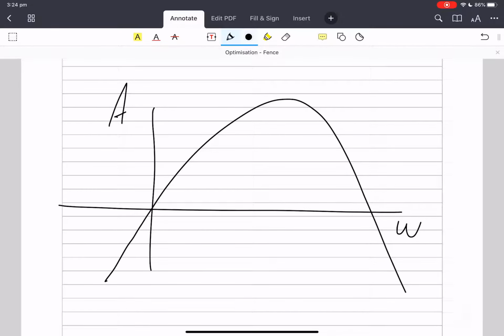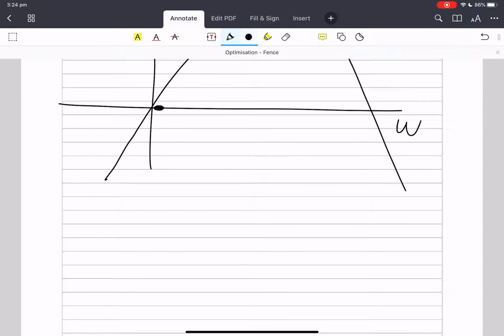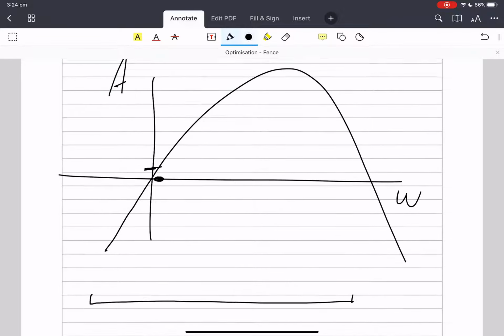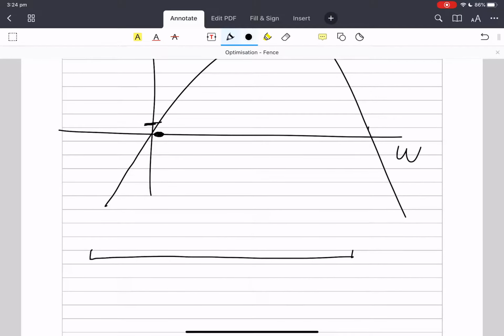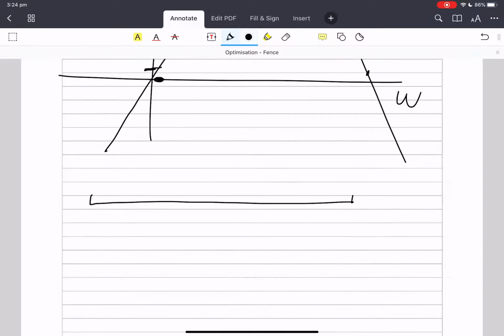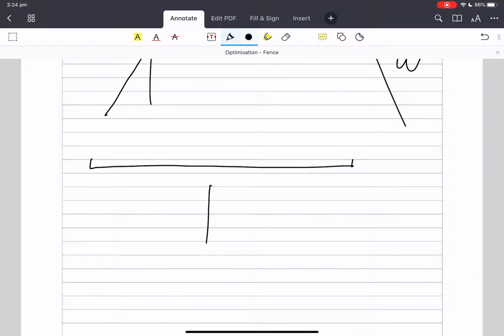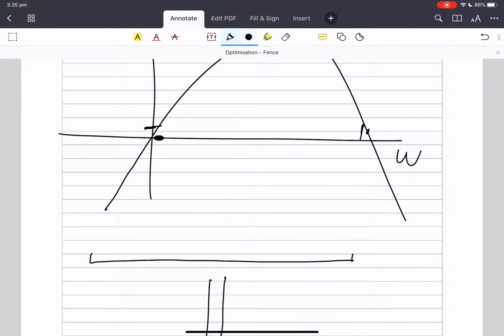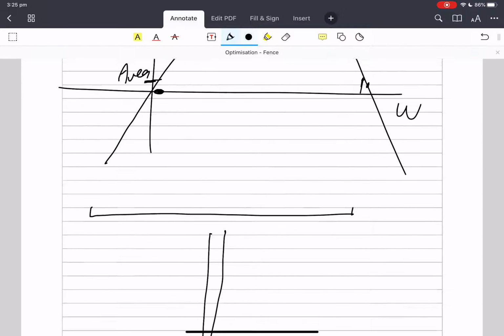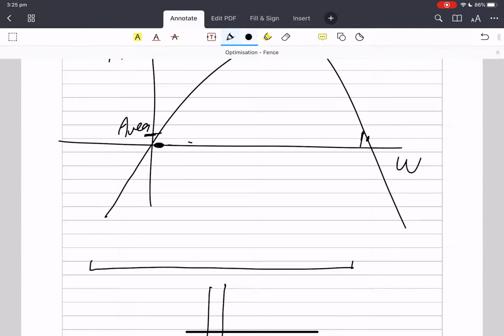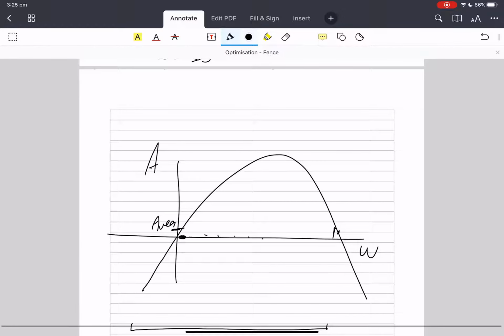So remember, if the width was really small, I had this long skinny paddock with no area. If the width was really big, then again I had a really small area. And as the width changes, I wanted to find this W where the maximum area happened.